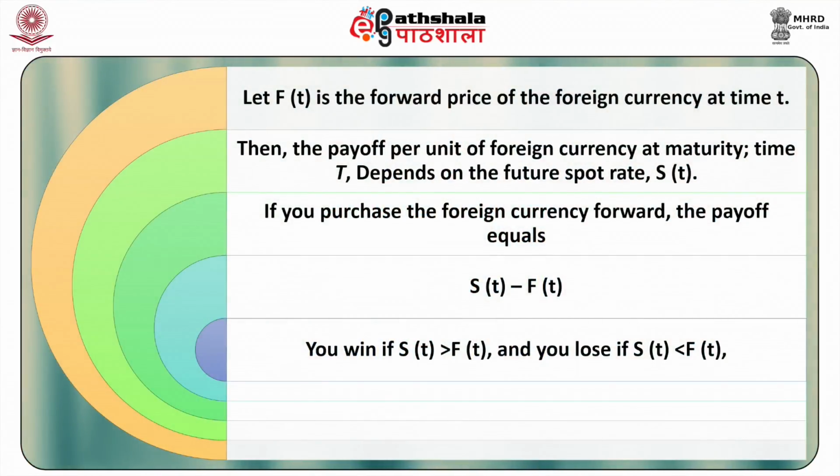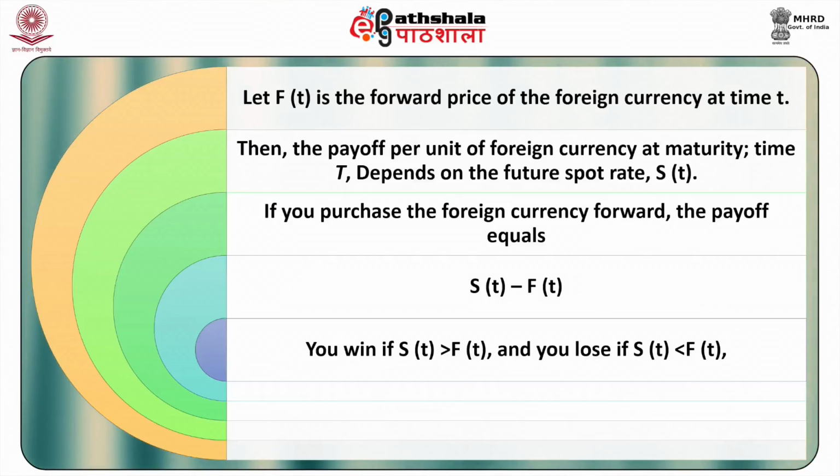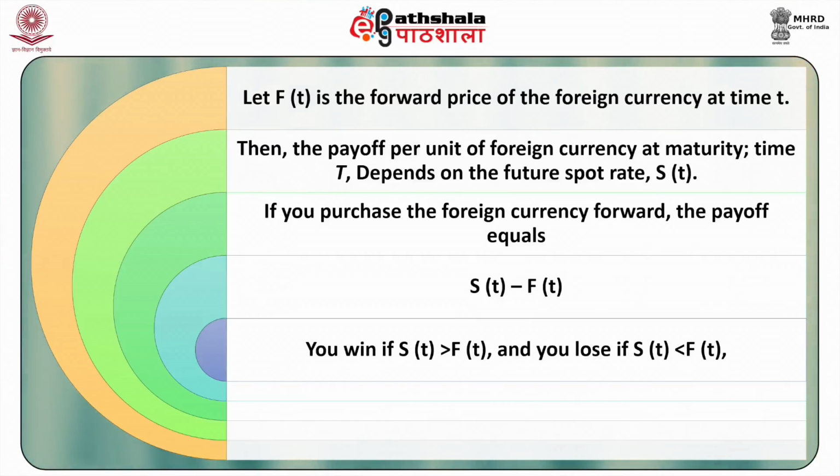Payoff on a forward foreign exchange. Let F_T be the forward price of the foreign currency at time t. Then the payoff per unit of foreign currency at maturity time T depends on the future spot rate, that is S(T).